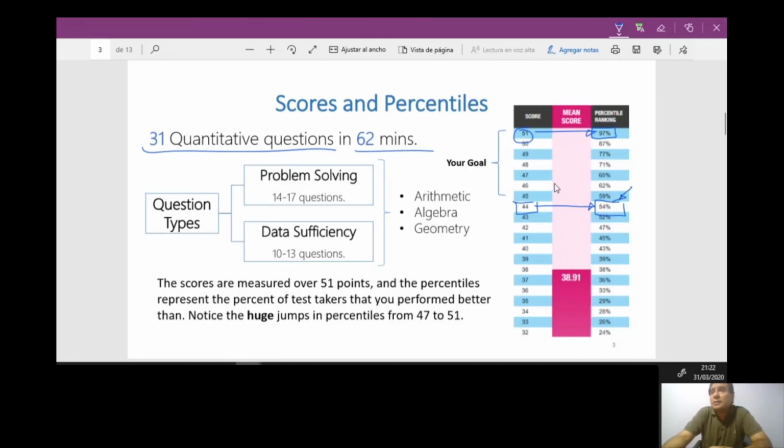Okay? What are good scores in the quantitative section? Well, it depends on the target score you want to achieve. Let's say that you want to get a 700 as your target score.